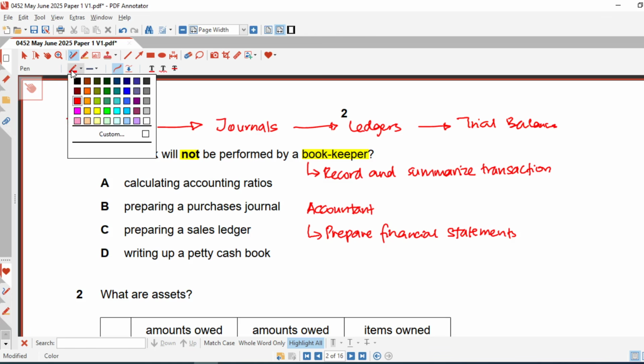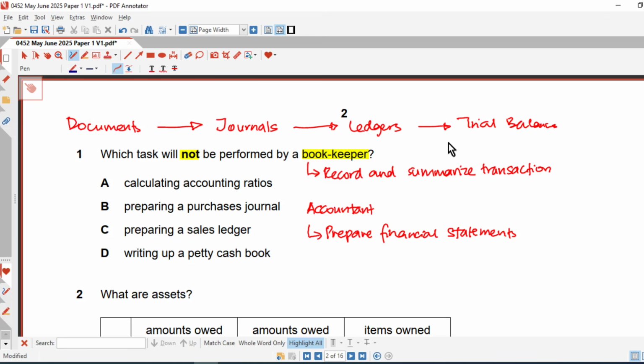And finally, we come out with the financial statements, the income statement and the statement of financial position. Everything that you see in red, up to the point of the trial balance, would be done by a bookkeeper. The accountant will focus on preparing the income statement as well as the statement of financial position.